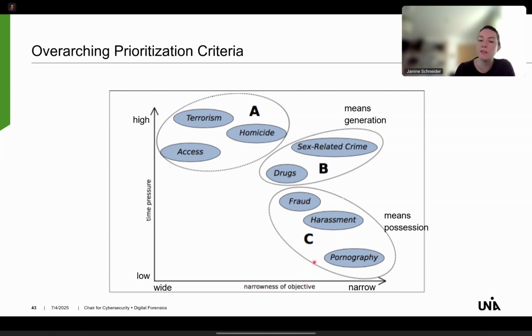But with the possession, the time pressure is very low because, yeah, you have a narrow objective, but you don't need to get the person who possesses pornography very fast.